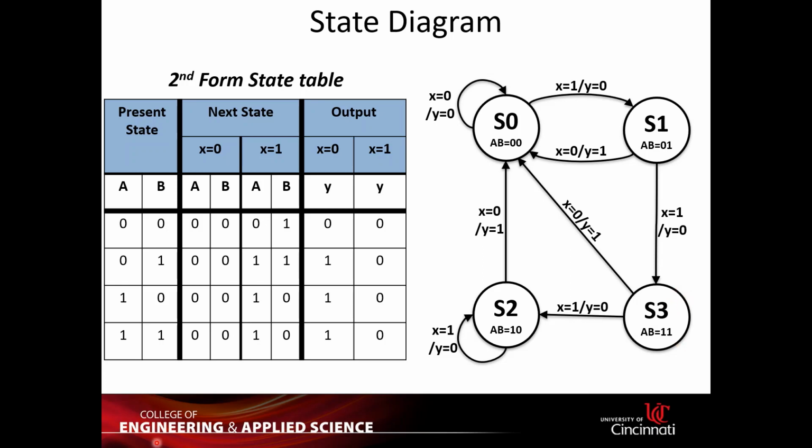If we're at state S3, when x equals 0, it goes back to S0. But if x equals 1, it goes to state S2. At state S2, when x equals 0, it goes back to state S0. But if x equals 1, it loops back to state S2.